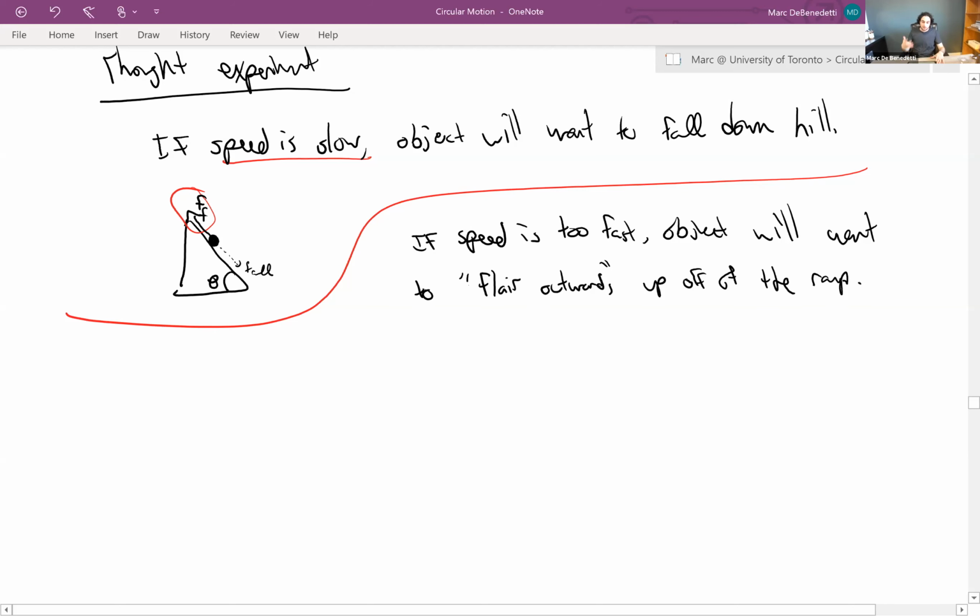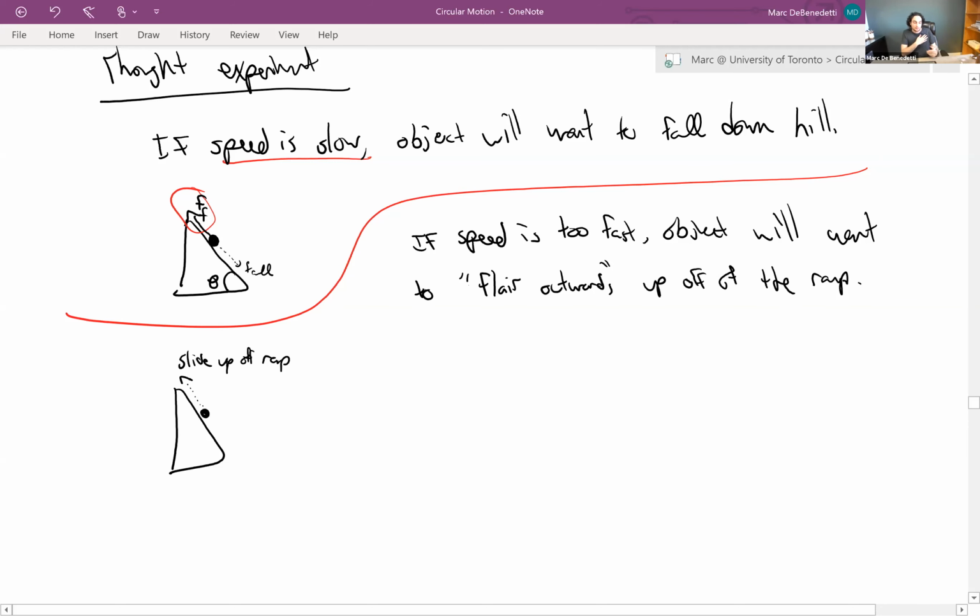So if the object's traveling too fast, like let's say 200 kilometers an hour around a corner, the car doesn't want to turn that corner, so the car is going to want to slide up off the ramp.